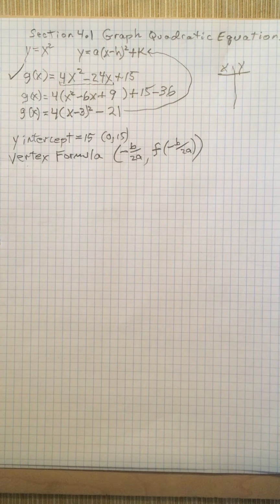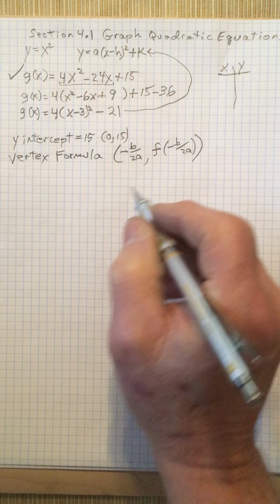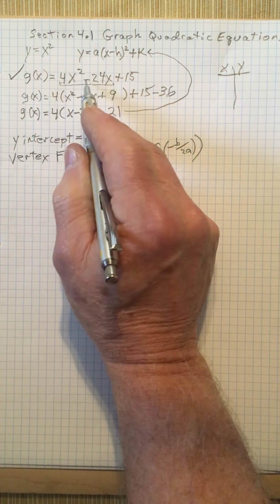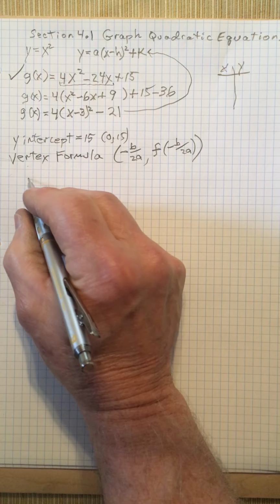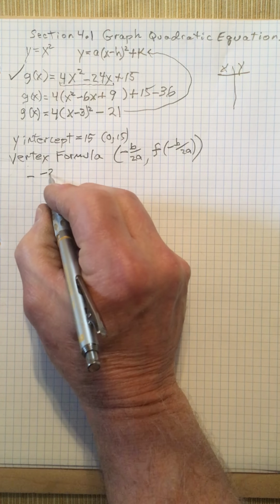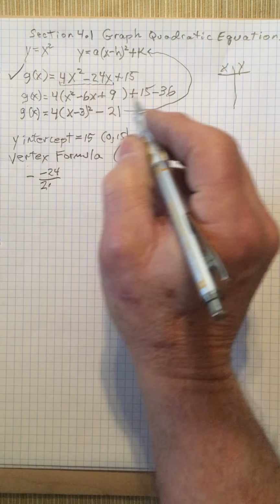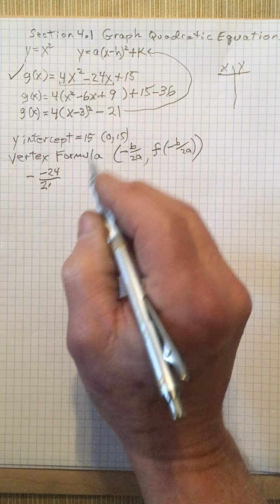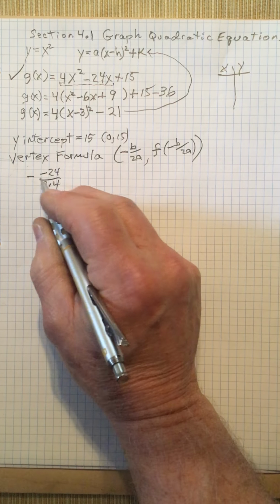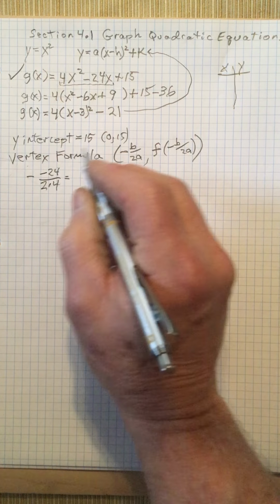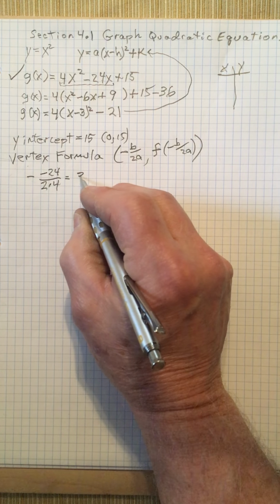That's how you calculate the vertex. So let's do it. Minus b over 2a. Up here, b is minus 24, so that's minus a minus 24 over 2 times a, which is 4. So 2 minus, that's a positive. 24 divided by 8, that's 3.